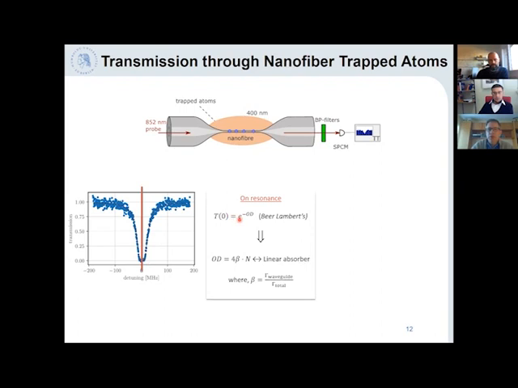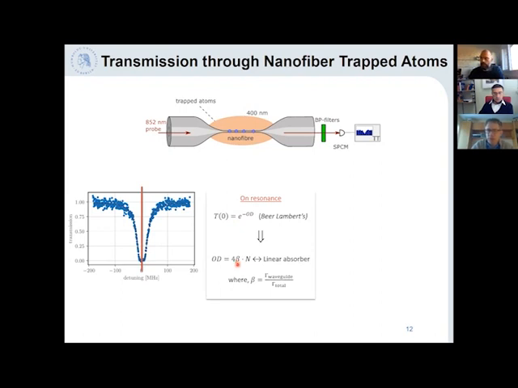So you expect that the transmission scales as e to the minus OD, where OD is the on-resonance optical depth of our ensemble. And this on-resonance optical depth of the ensemble is proportional to the number of atoms n, and the proportionality factor beta here is given by the coupling strength of the atoms to the waveguide.